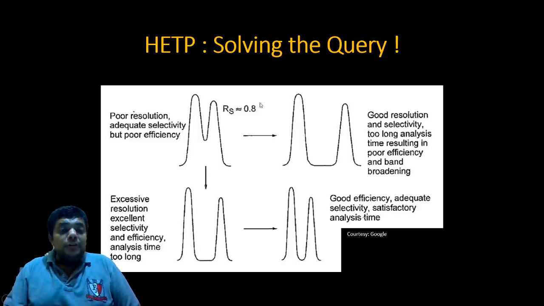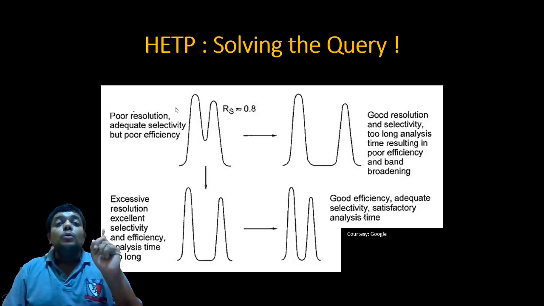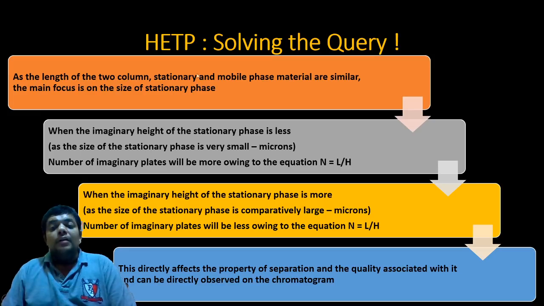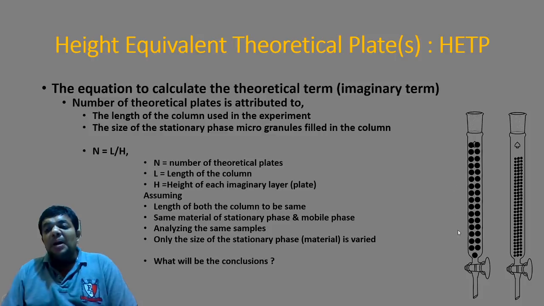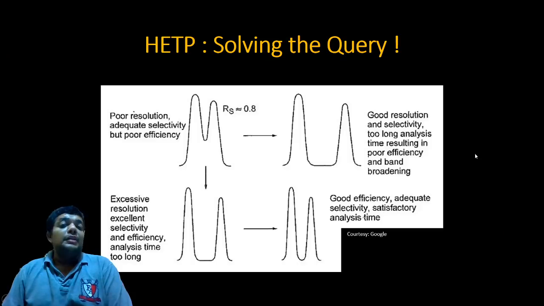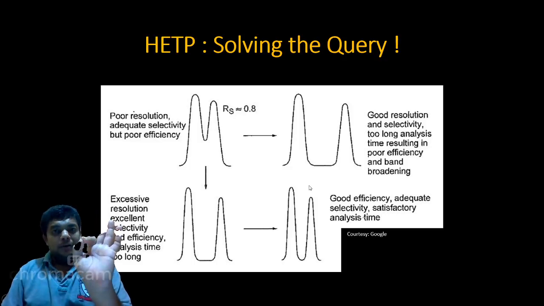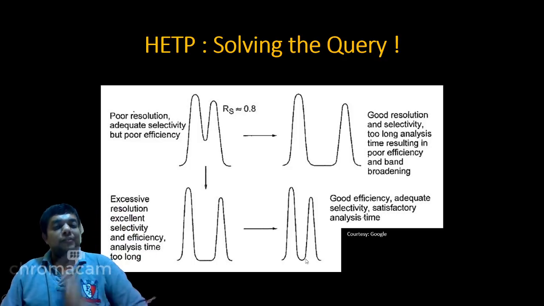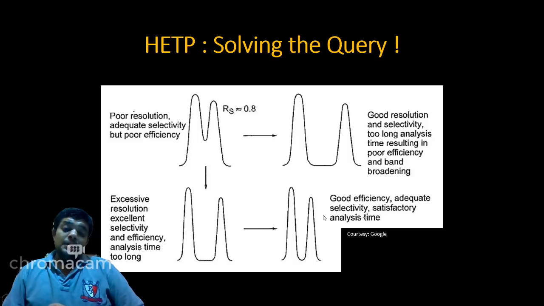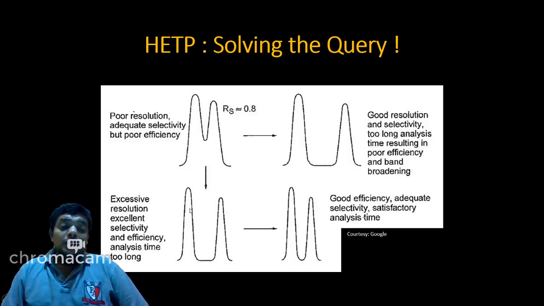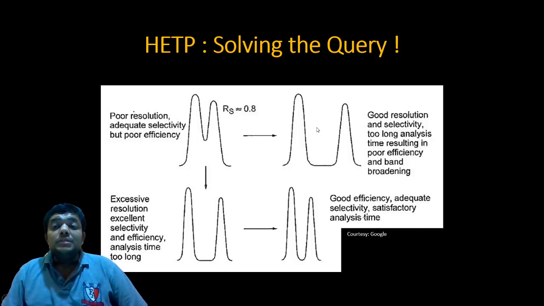Similarly, before the first compound comes out completely, the second has started coming. So it is not a good sign, and this happens when you are using big micron size of stationary phase. But if I use a small size of microns, the needed or required size, I get a very good peak. Then you will ask me, sir, what about this and what about this?